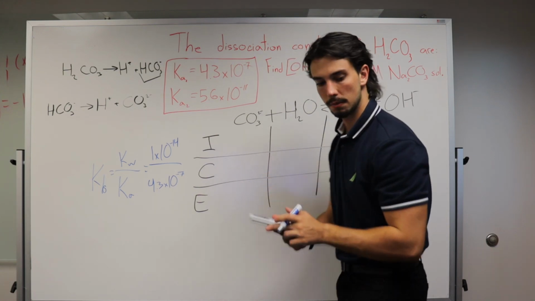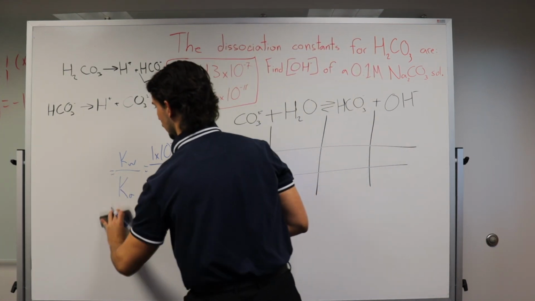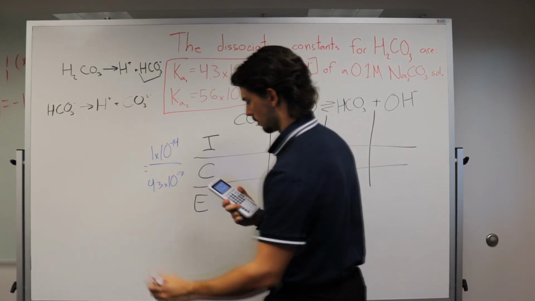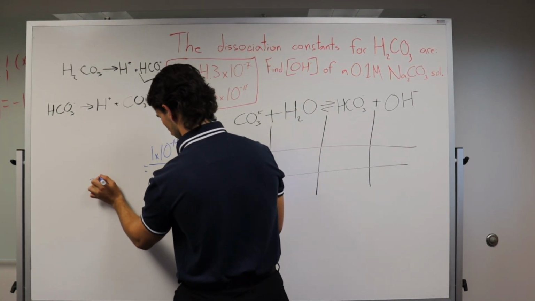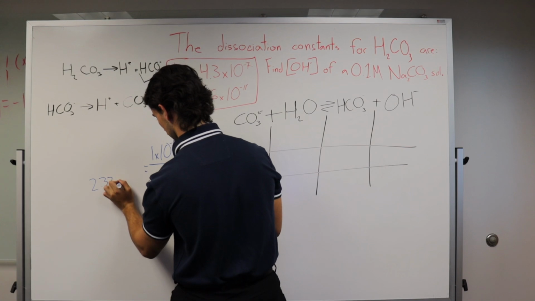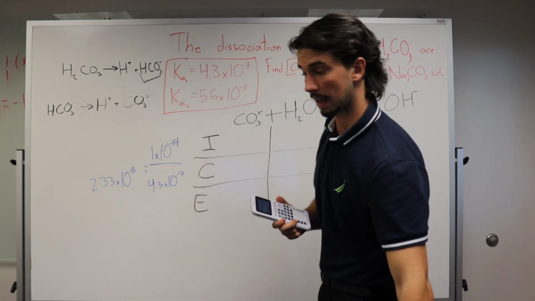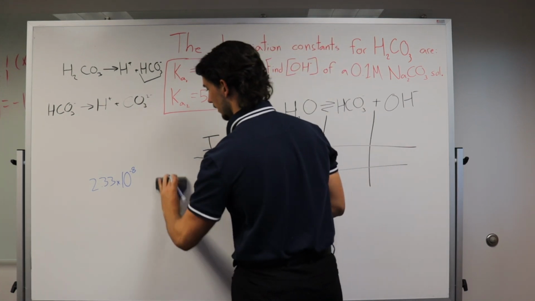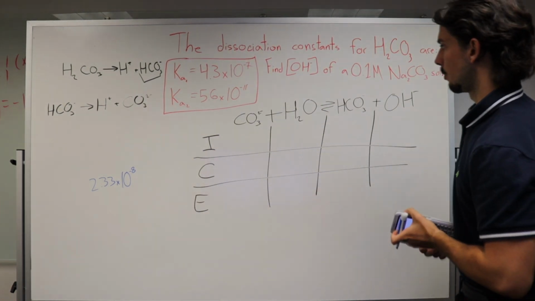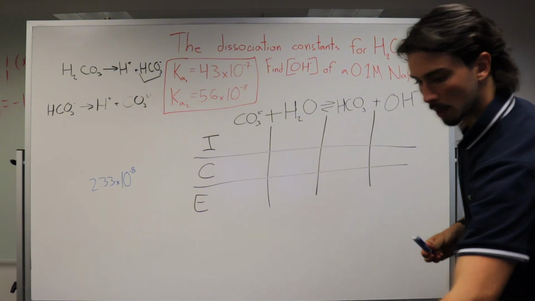We'll get our Kb value. So Kb now will be 2.33 times 10 to the negative 8. That's our Kb.